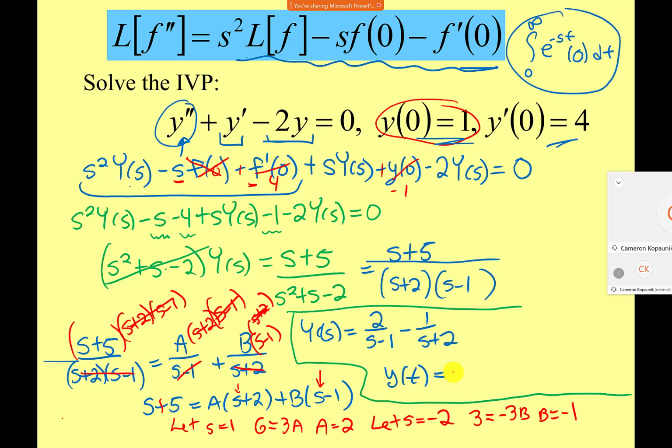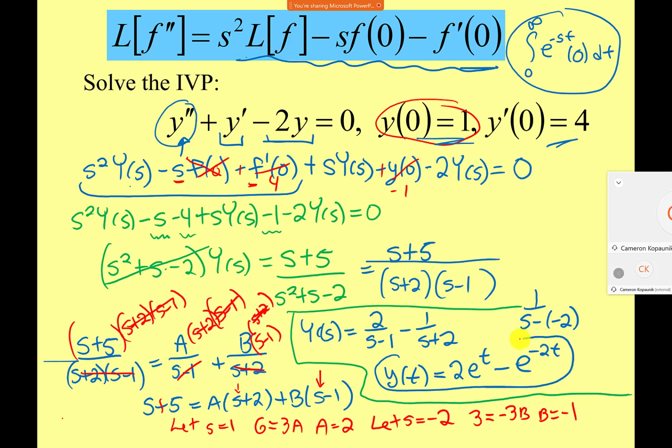So it's going to come back as 2e to the t because a is 1. So 1 over s minus a is e to the a t. So there's our first piece. And then doing our second piece has a minus. And so this is going to come back as e to the, so it's 1 over s minus a. So it's minus 2.